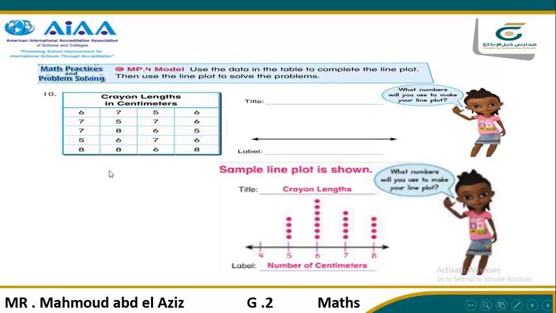And for number 6, if you count them, 1, 2, 3, 4, 5, 6, 7, you should put 7 dots here. The same goes for number 7 and number 8. So our title here is crayon lengths and our label is number of centimeters.